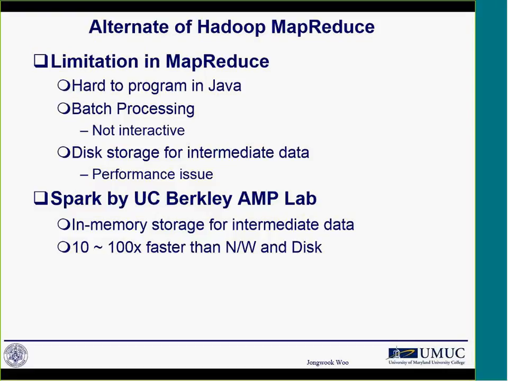But fortunately, the UC Berkeley AMPLab, famous for parallel and distributed computing, initiated the Spark project. That is in-memory storage for intermediate data. So simply, data doesn't need to be stored to disk, but is stored in memory. So it improves your performance like 10 or 100 times faster.